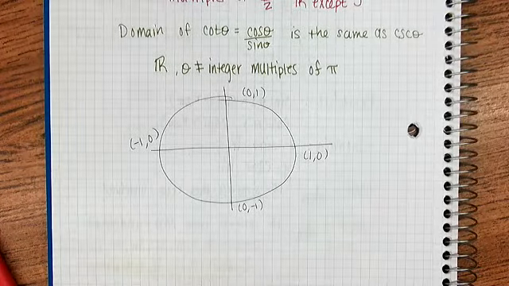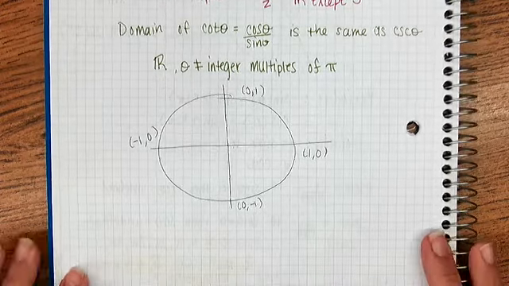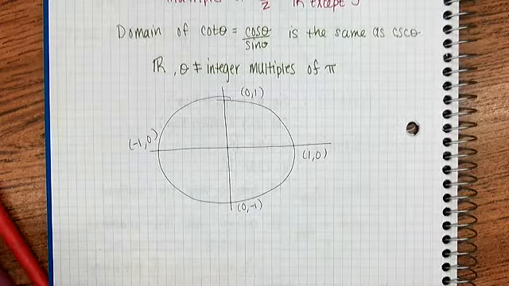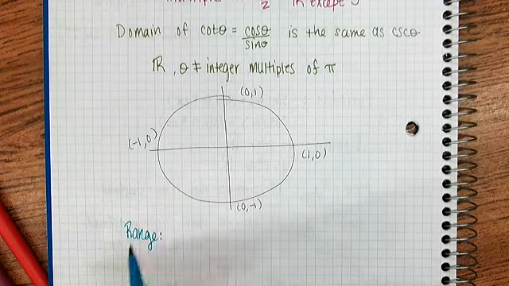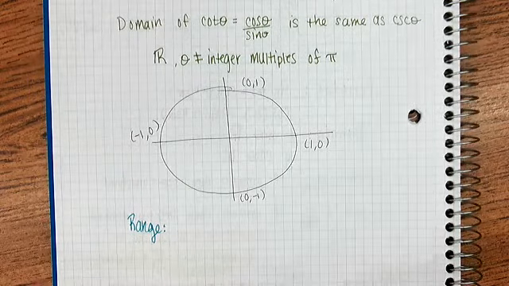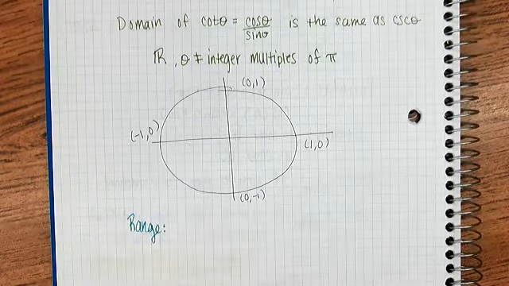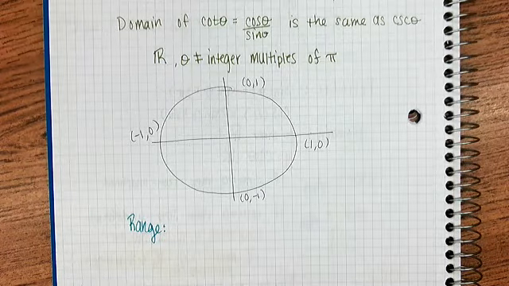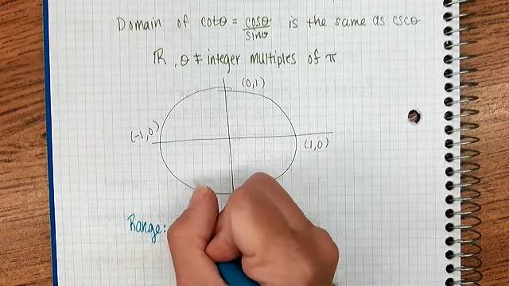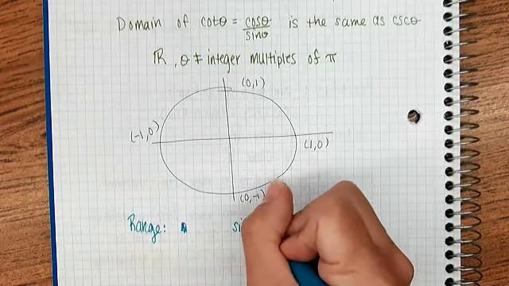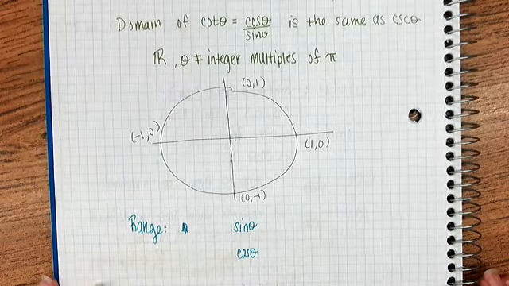Actually, the range for sine and cosine are the same. We've already decided that for cosine and sine, theta can be anything we want, because sine and cosine are cyclical, they're periodic functions.